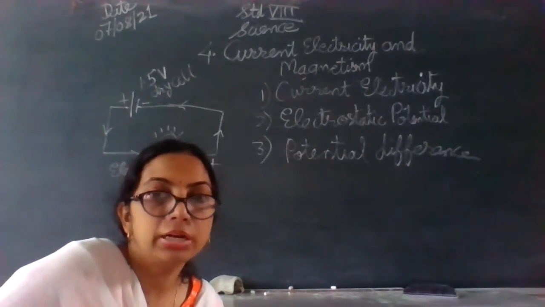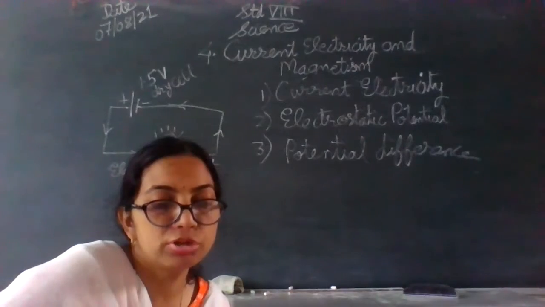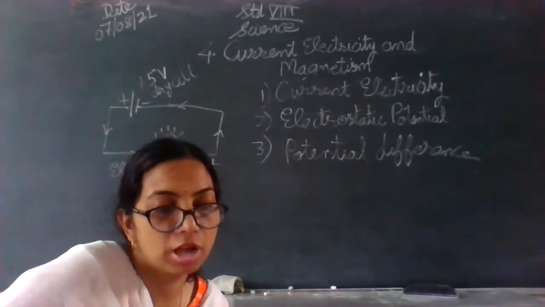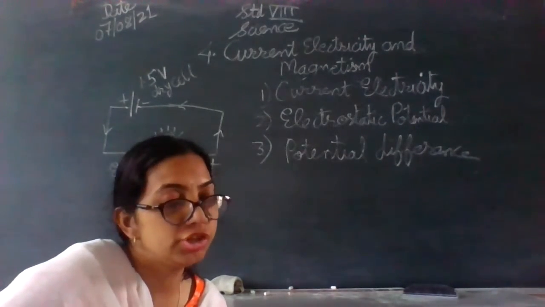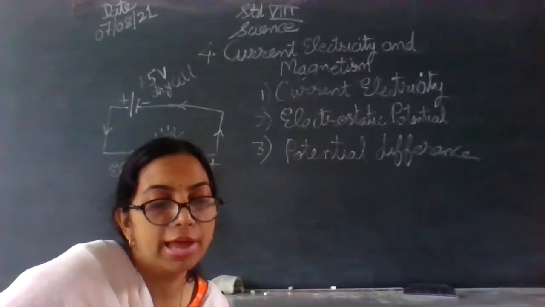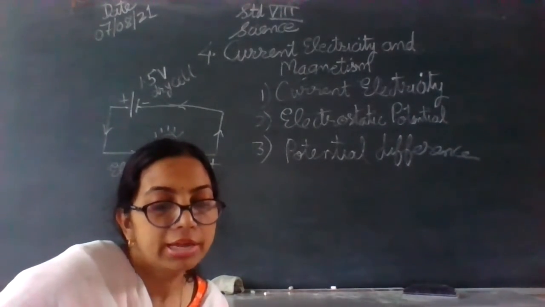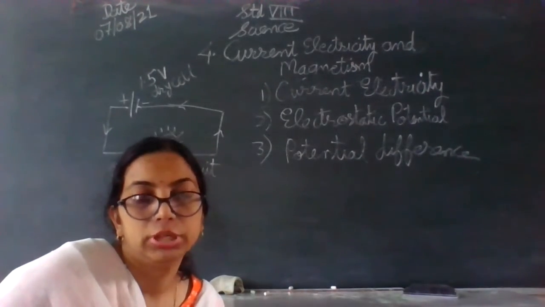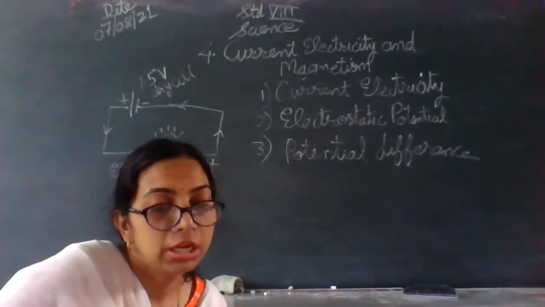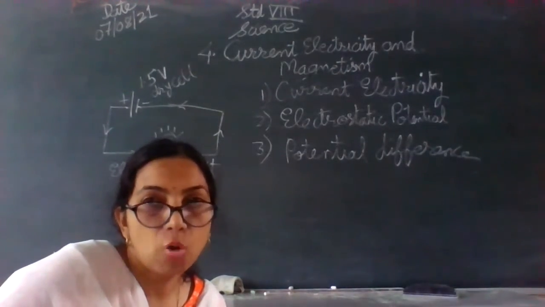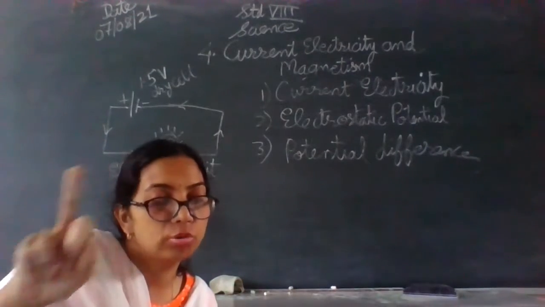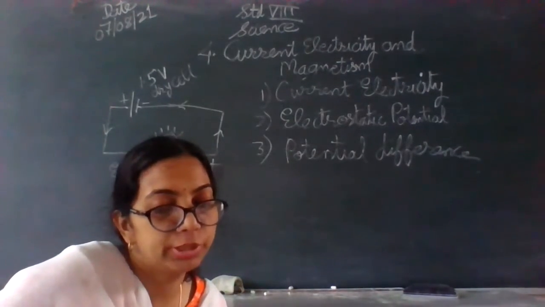Actually, we have seen that electric current is produced due to the flow of charged particles, charged electrical particles, electrons and protons. Electrical charge flowing through a wire in 1 second can be called unit current. In 1 second, how much electrical charge is transferring from one unit to another?